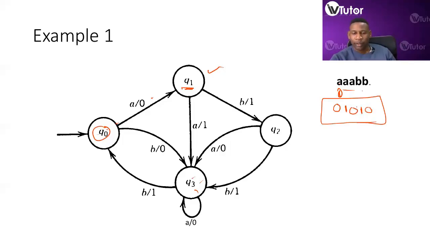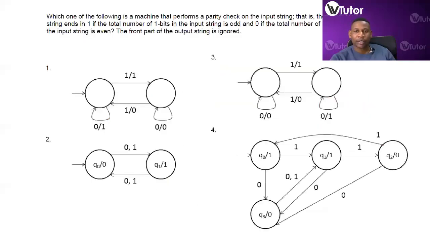Next, we have: which one of the following is a machine that performs a parity check on the input string?